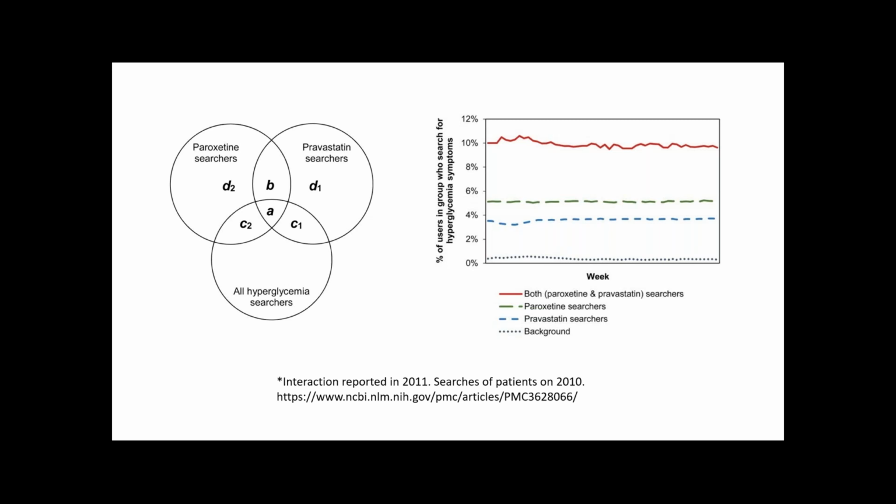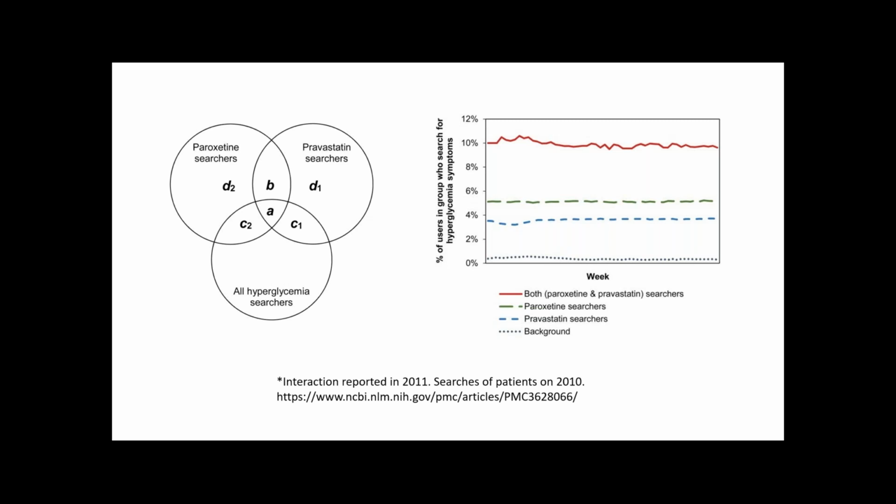And they found that patients that were searching for just paroxetine or just pravastatin, so theoretically not combining both drugs, the frequency of search for hyperglycemia was about 5%. But in those patients that had searched for paroxetine and pravastatin during the previous year, the frequency of hyperglycemia searches was double.